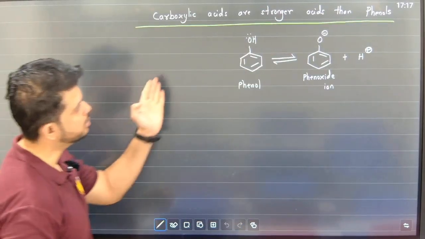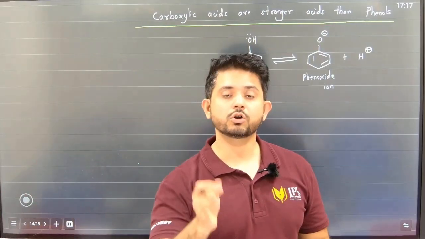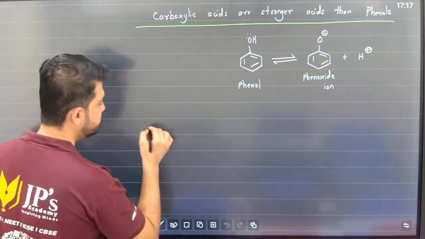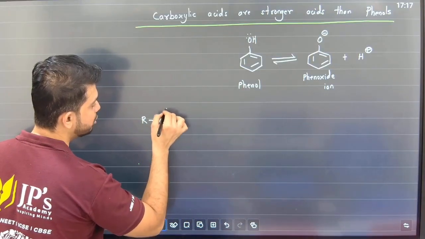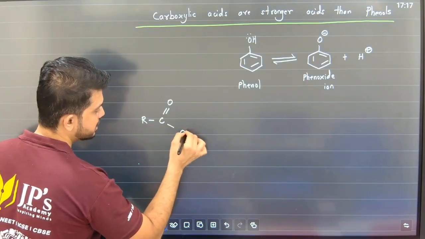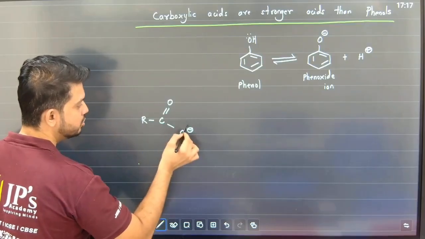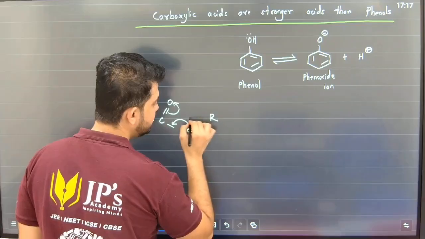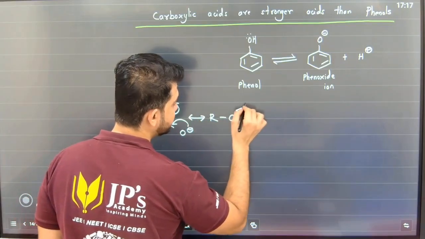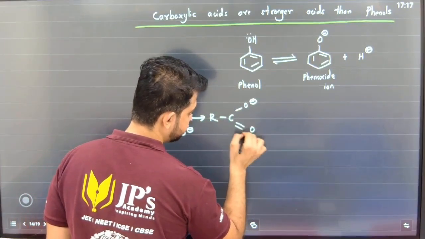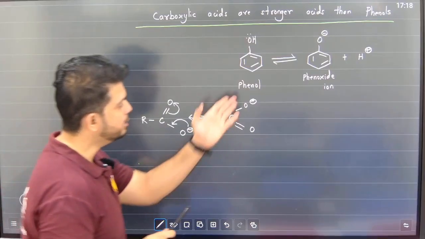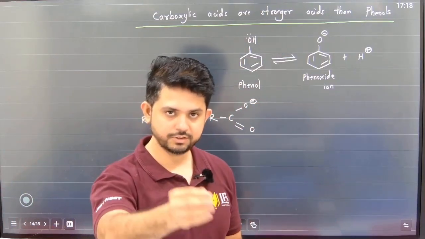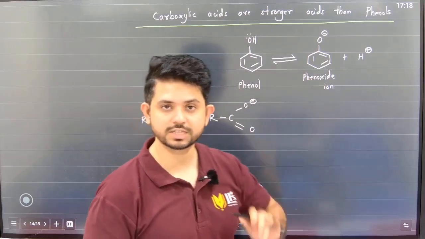Now students, carboxylic acids are stronger than phenols. And the reason for that is, see students, if I look at carboxylic acid, the conjugate base, which is carboxylate ion, so the electrons are resonating in between the electronegative oxygen atom. But that's not the case in phenol. See, phenol on H plus, जैसे phenol H plus दे देता है वो बन जाता है phenoxide ion.